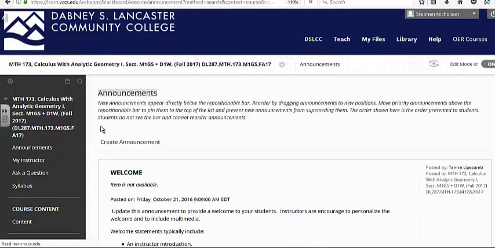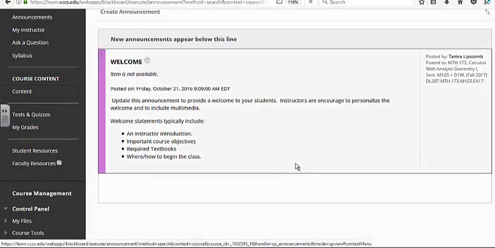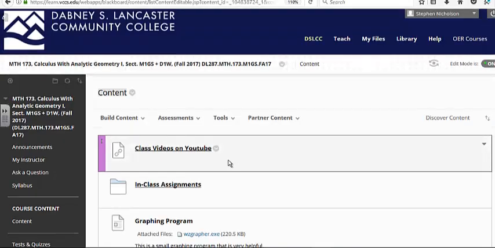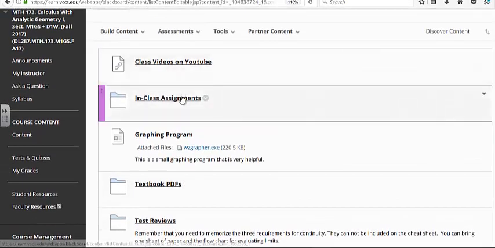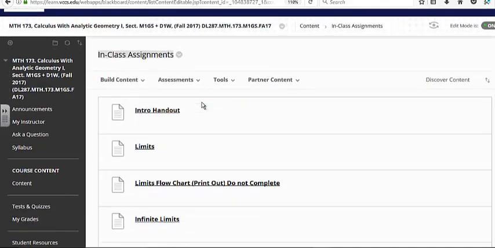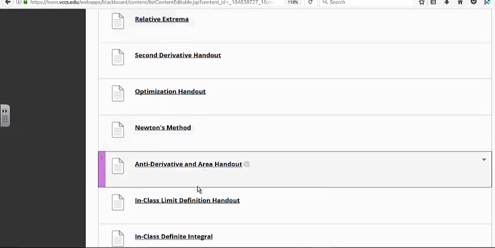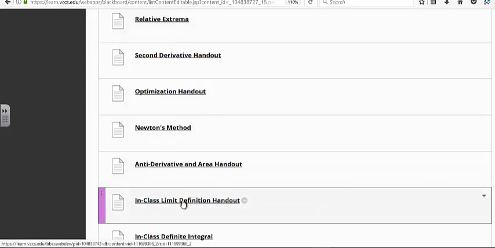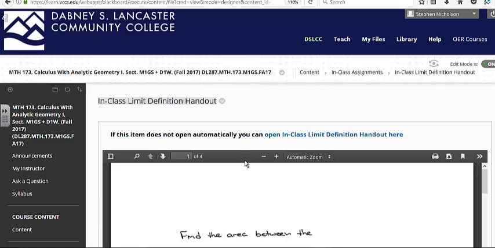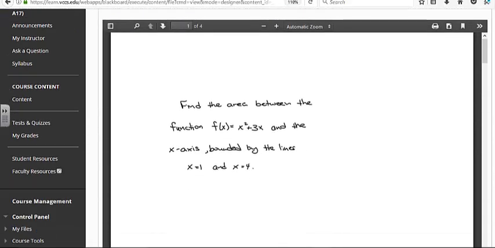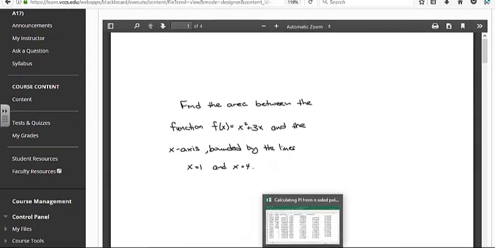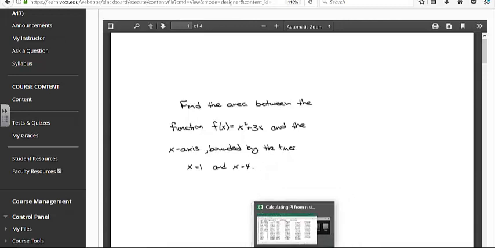So if you look in your calculus folder, you'll see that we have all these in-class assignments that we've been working on. And the one we have here is called Limit Definition Handout. Okay, so let me grab that.